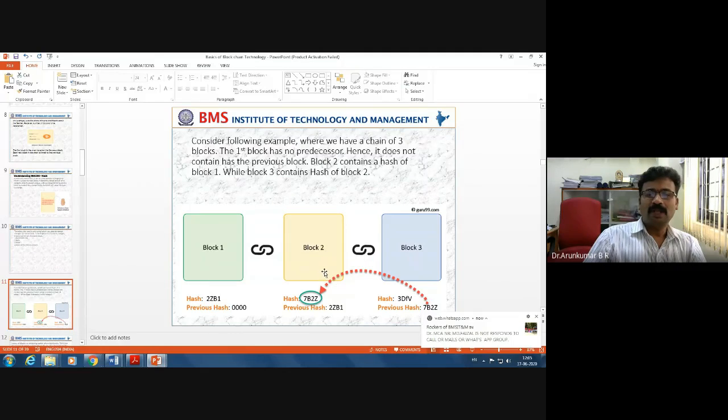So block 2 contains its own hash as well as the hash of the previous block, which is 2ZB1. Similarly, the hash of block 2 is 7B2Z, and this is the previous hash for block 3. This is how we will have the blockchain.